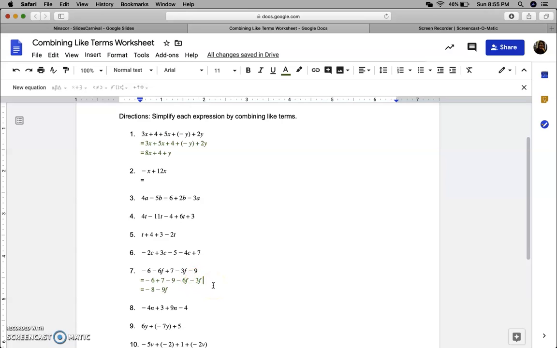The one thing I can think of that might confuse people is I just said this is -6f, right? But if you are just looking at the whole expression, you might want to argue that this is not a negative, it's a minus.